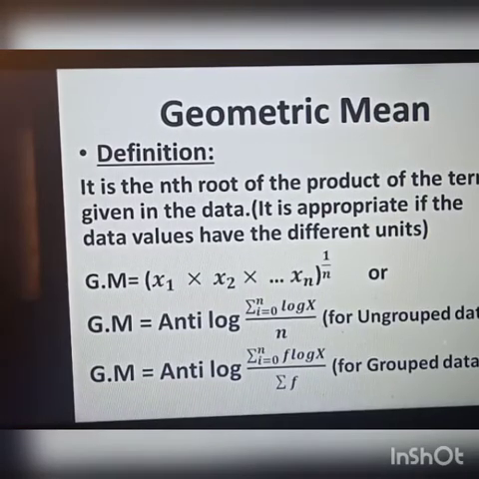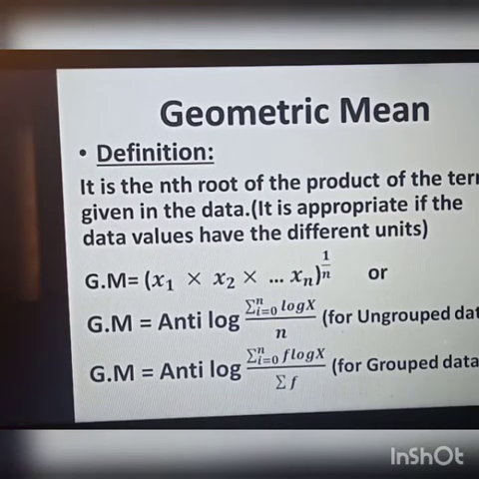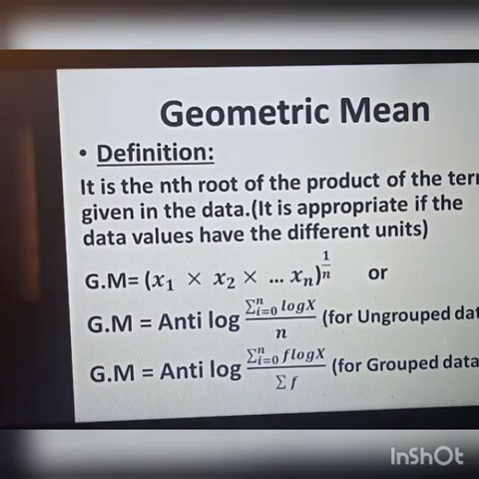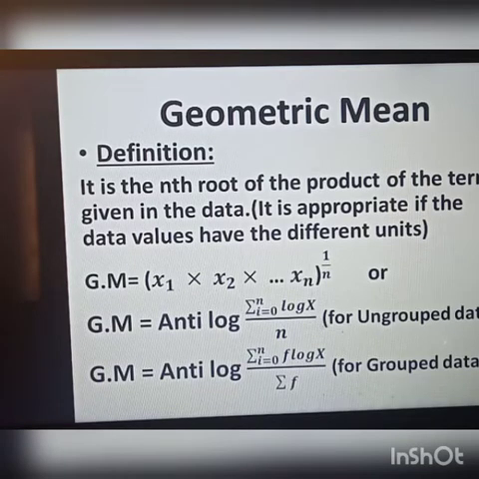Now the second type of mean is geometric mean. Its definition: it is the nth root of the product of the terms given in the data. It is appropriate if the data values have different units. So the initial one is the definition or statement for calculating geometric mean.